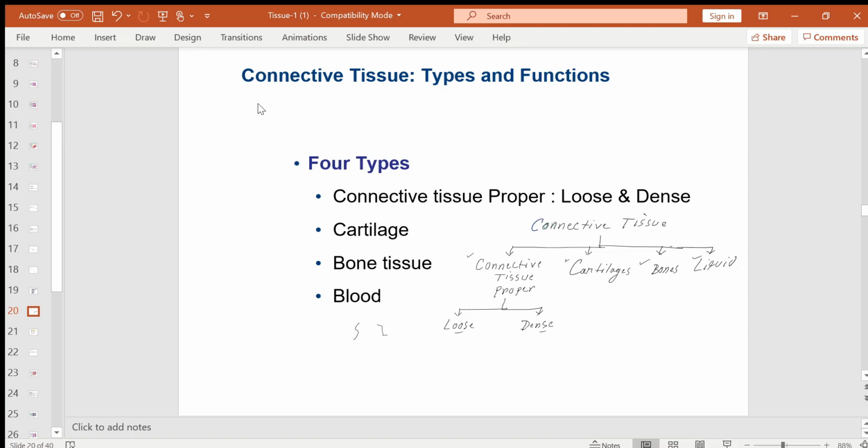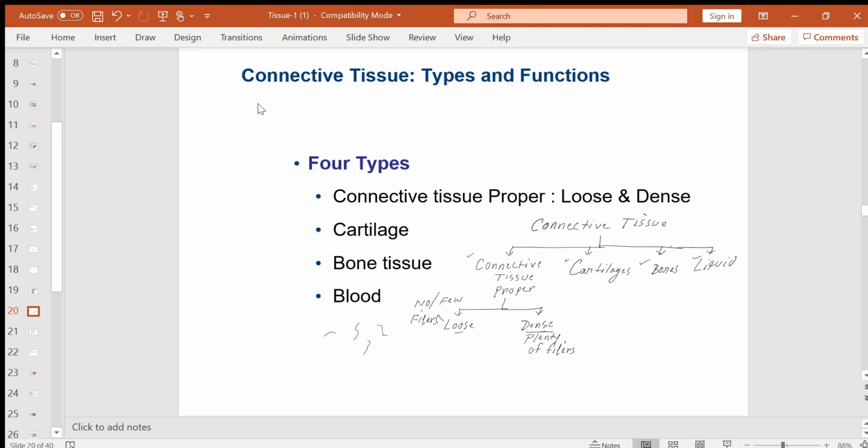So loose has no or few what? Fibers. In dense, you have plenty of fibers, heavily packed. That's why it is called dense.